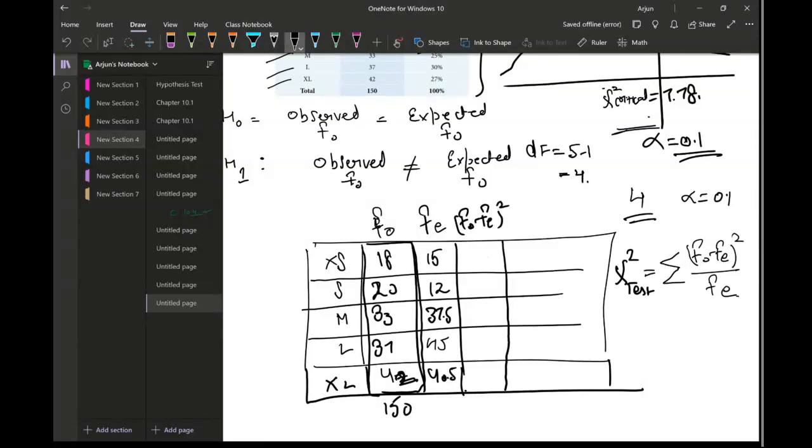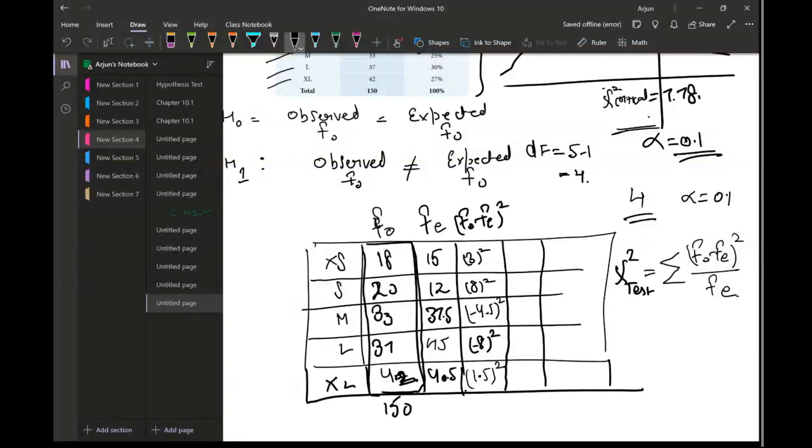So this will become 3 square, this will be 8 square, this will be 33 minus 37, this will be minus 4.5 square, and this will be 45. So 8 square, and 42 minus 40.5, so 1.5 square. That's how you're going to get the values.